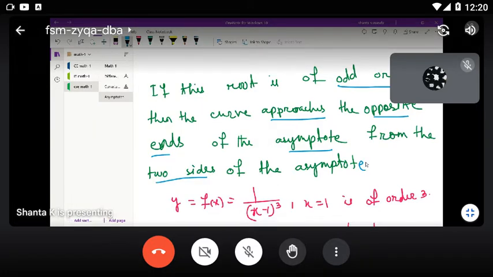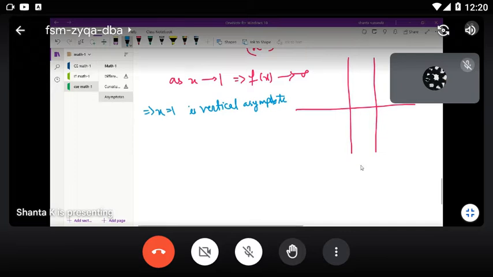Two sides means we will see what happens when x approaches 1 plus and when x approaches 1 minus, that means the right-hand limit and the left-hand limit. Okay. So the graph will be like this.